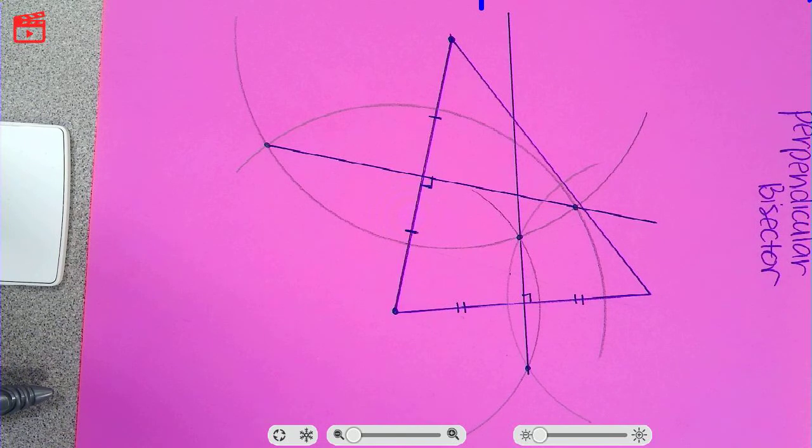All right, for the sake of time, take the next 30 seconds and finish what you're doing, and then go to the median. Okay, go to the median now.